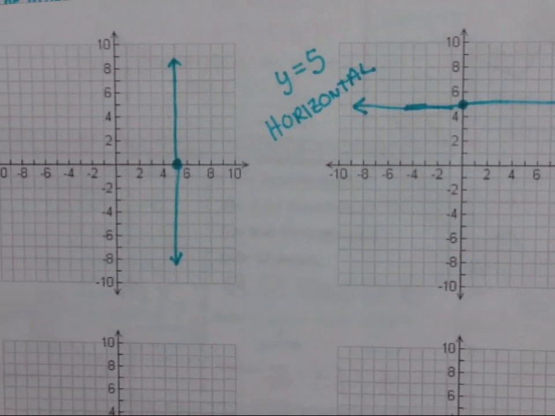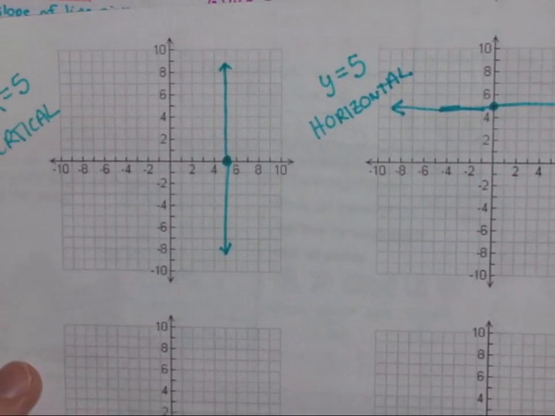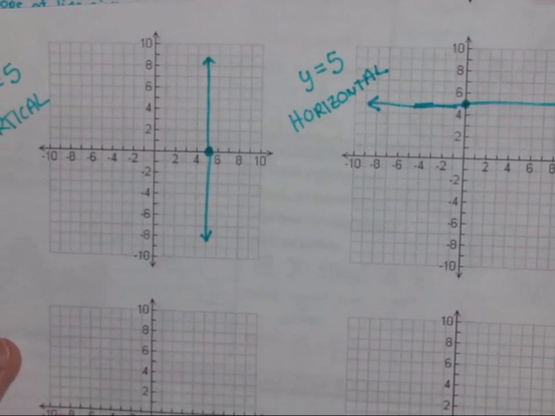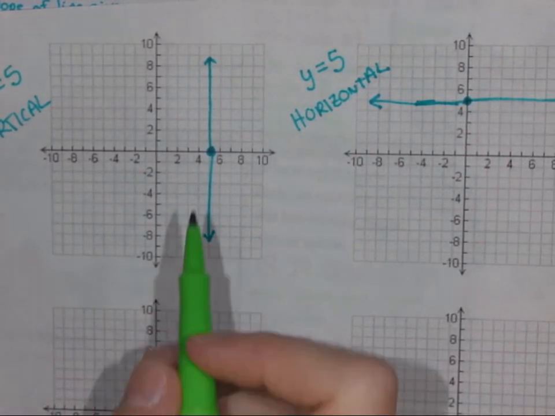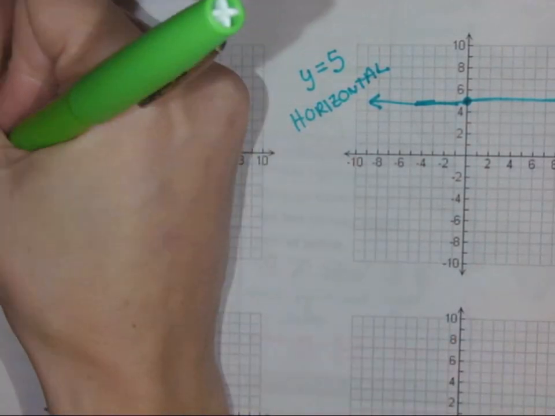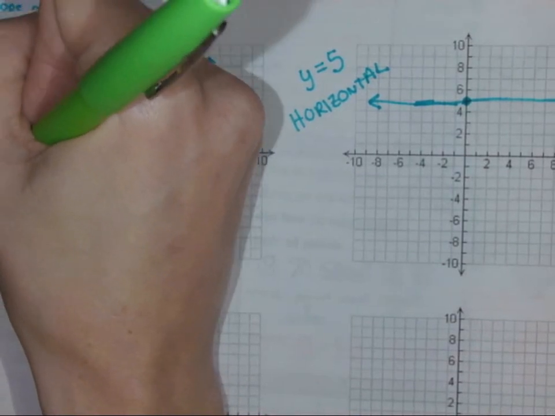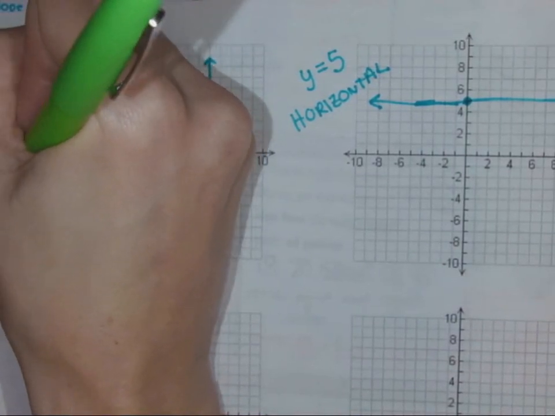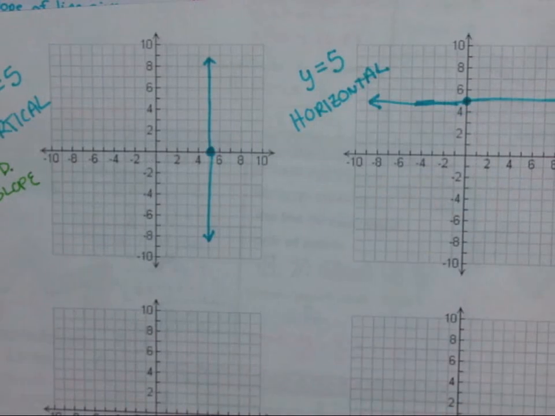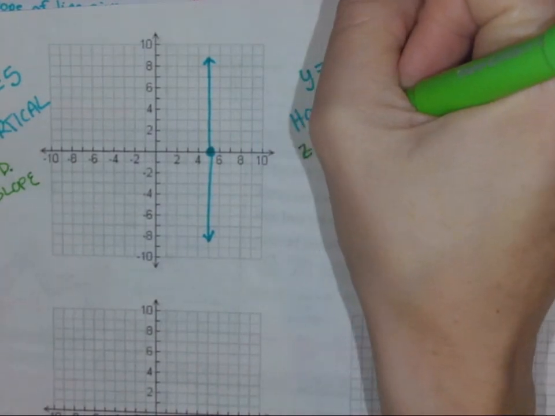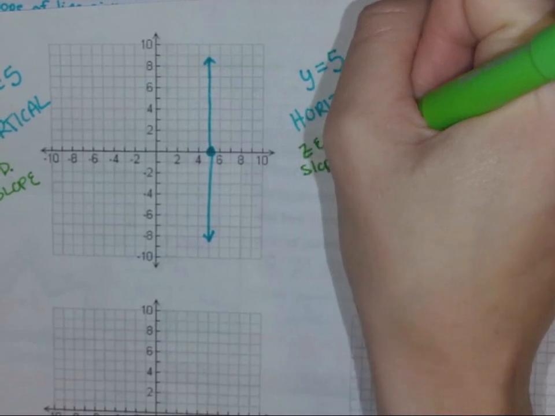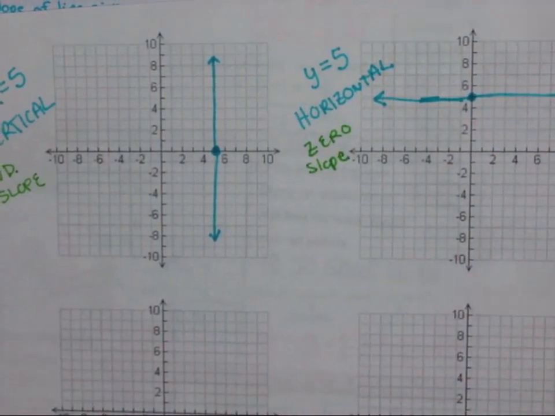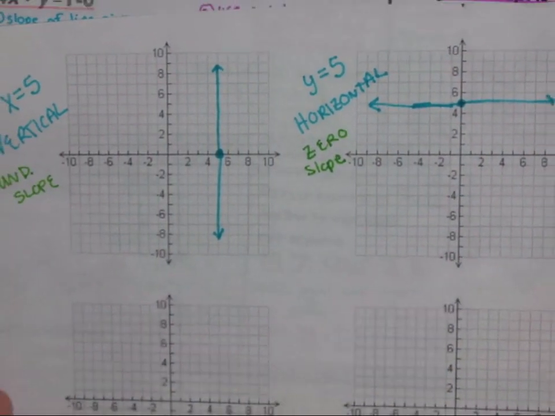So then the last thing to kind of note here is the slopes, which again, this may be redundant, I just can't remember, so I'll go ahead and address it. Vertical lines have undefined slope. Horizontal lines have a slope of 0, or 0 slope. So just something to keep in mind as you get ready to graph.